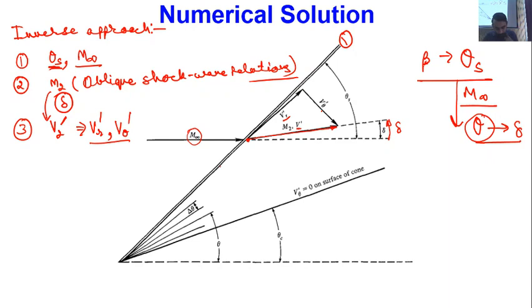Now what I have to do, if I know the values at this ray, is transform these values to the next ray. Where is your next ray? I have divided this whole angular domain in the form of a number of rays, and all these rays are separated by an angle of delta theta.